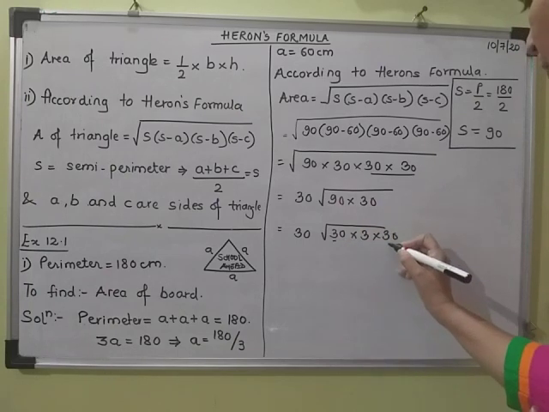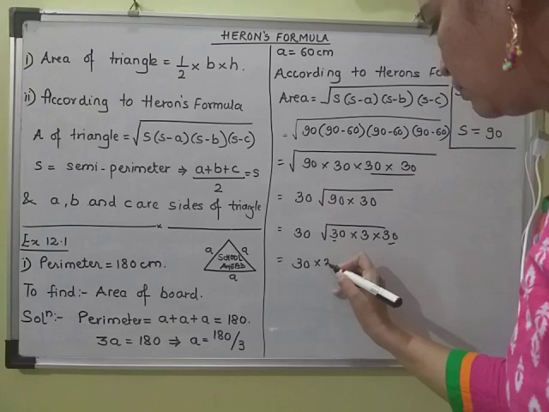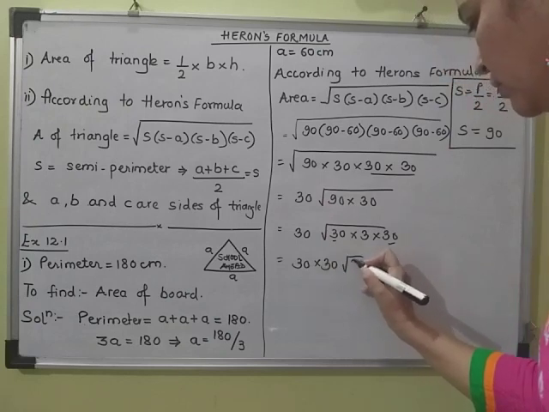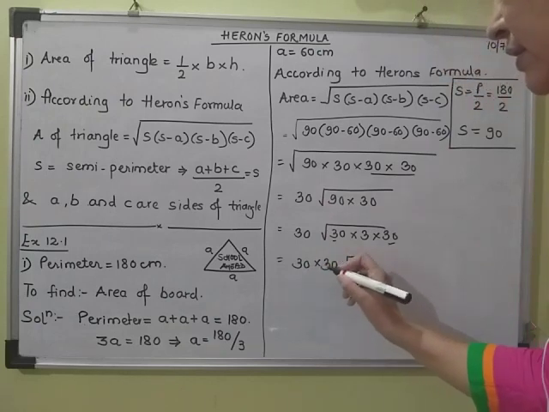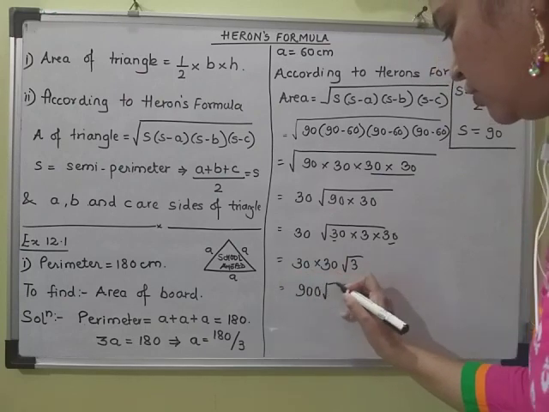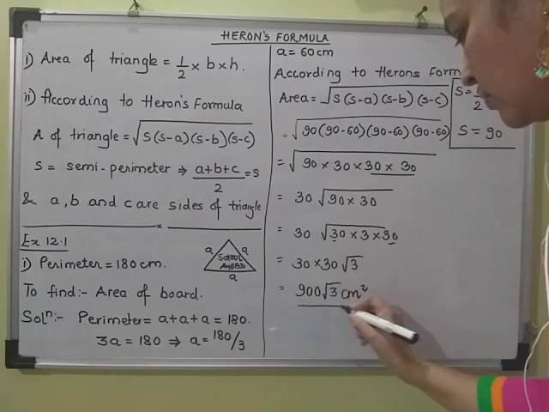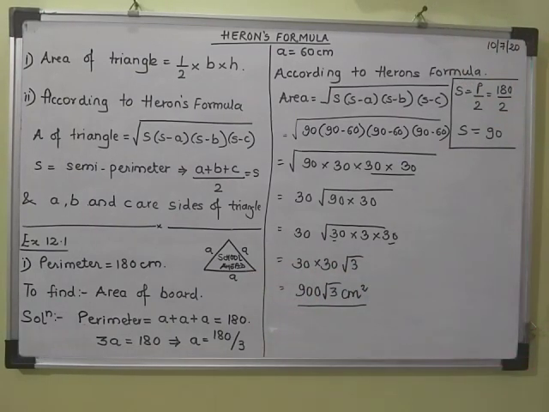Now this 30 is twice under the root, so when it comes out of the root sign it comes out once, leaving root 3. Now 30 times 30 is 900, so 900 root 3 centimeter square. So this is the area of the board written school ahead.